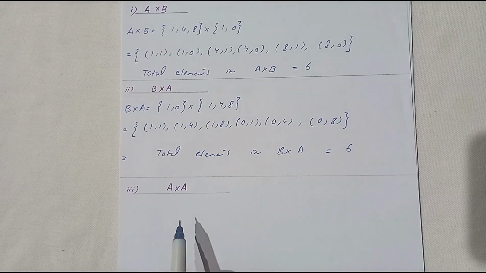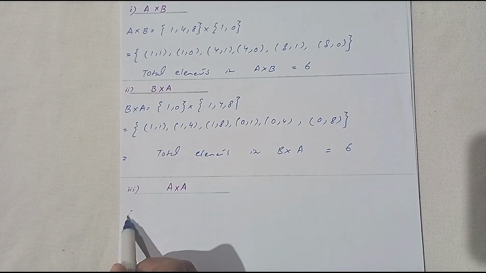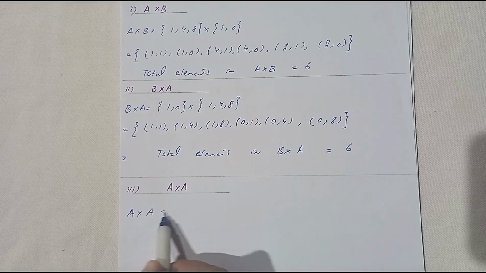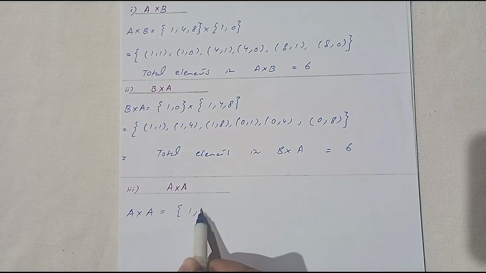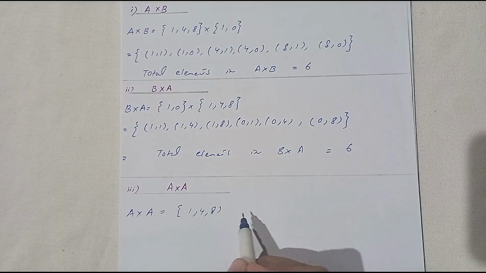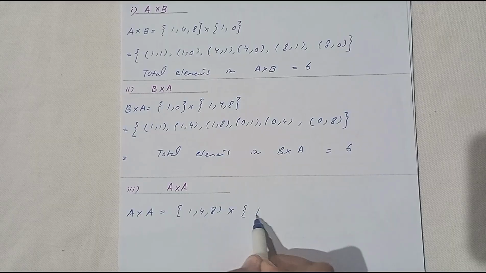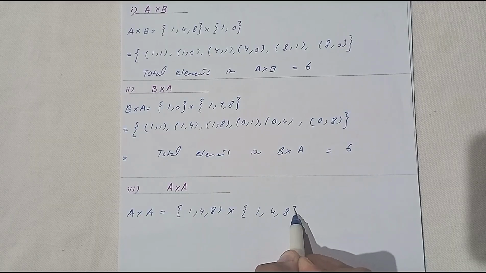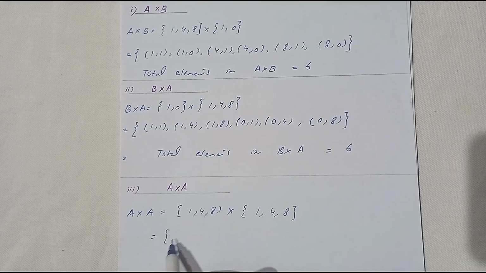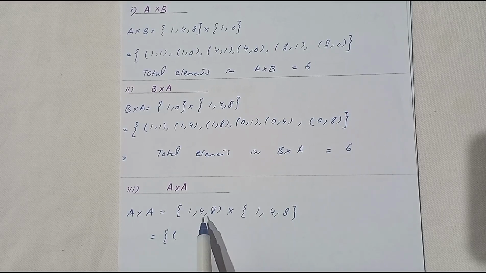Now we find the cross product of A with A. Write the elements of A cross A: 1, 4, 8 multiplied with 1, 4, 8. Now making pairs of the first element 1 with all elements of the second set, and then 4 and 8.